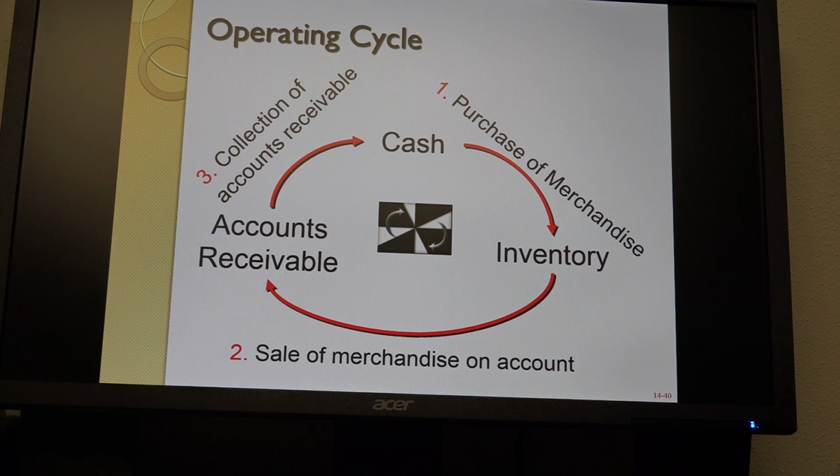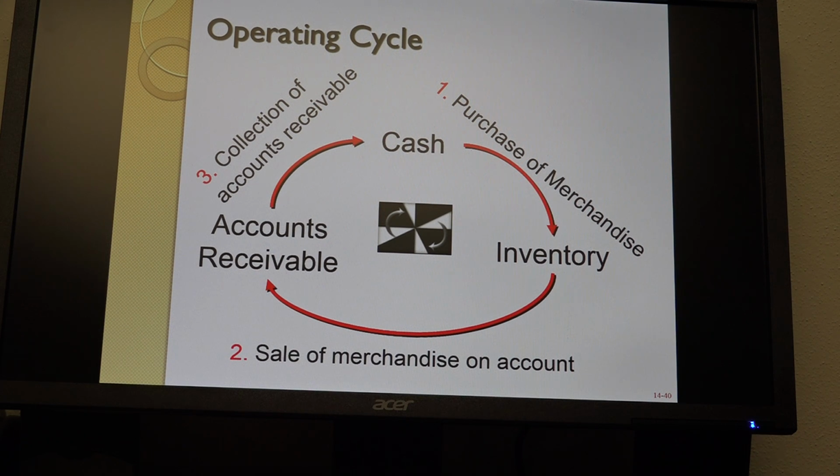Remember what the operating cycle is. I've kind of alluded to it, but that's what it's called. It's when you're taking cash, turning it into merchandise, whether that is purchasing the raw materials and converting it to a finished product, or just buying the merchandise from a manufacturer and turning around and selling it.